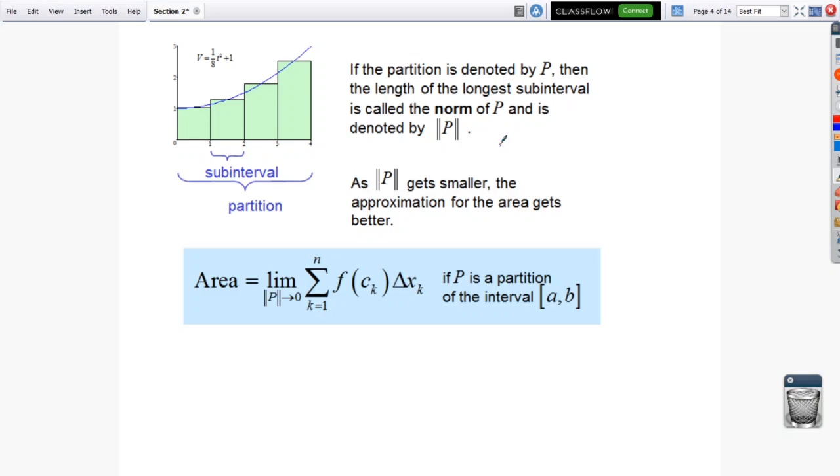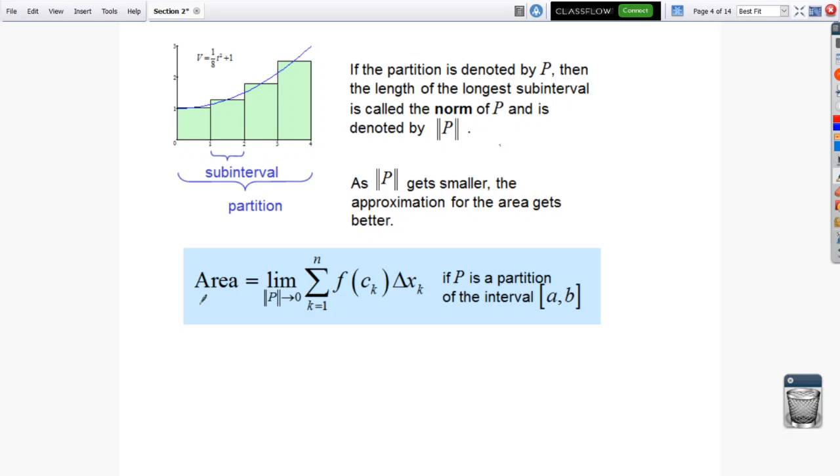We addressed this yesterday when we had more subintervals. We have better approximations, meaning more subintervals, smaller subintervals, and the norm gets smaller, we get a better approximation.